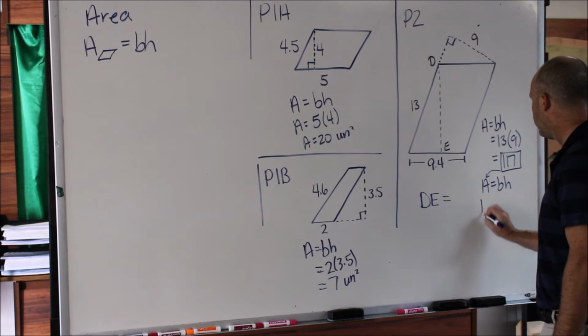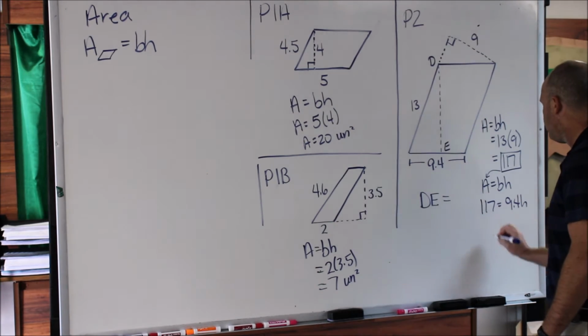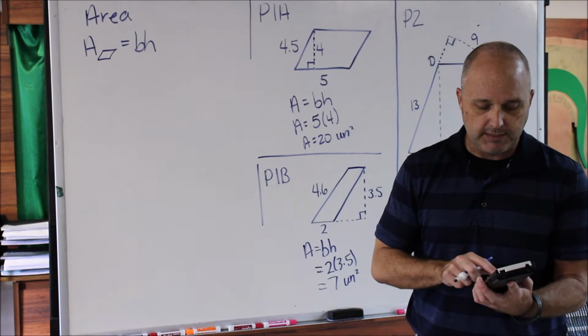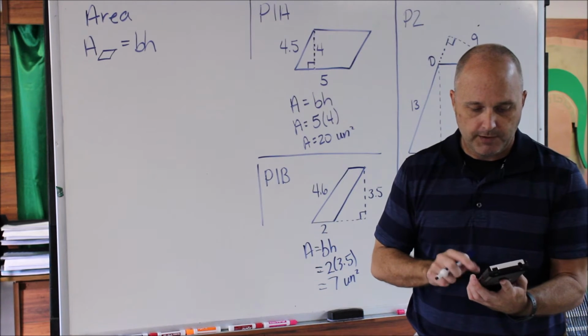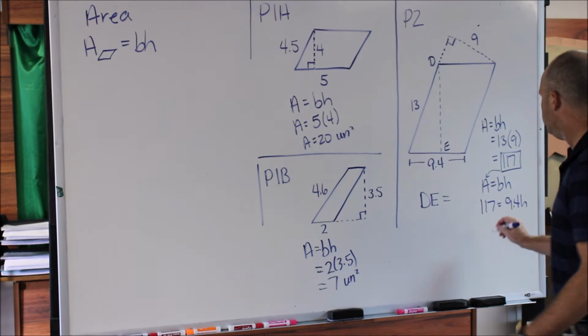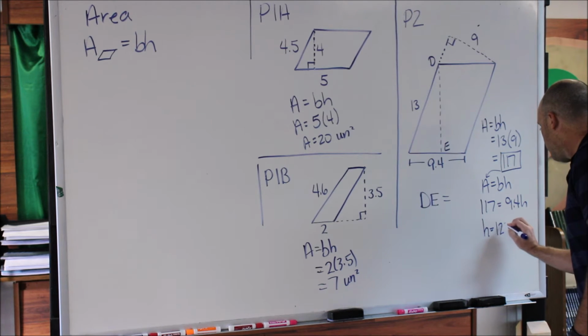So we're going to go 117 is equal to 9.4h. Then we're going to divide out 9.4. So 117 divided by 9.4 is going to give us 12.446. So we'll just go with h is equal to approximately 12.4.